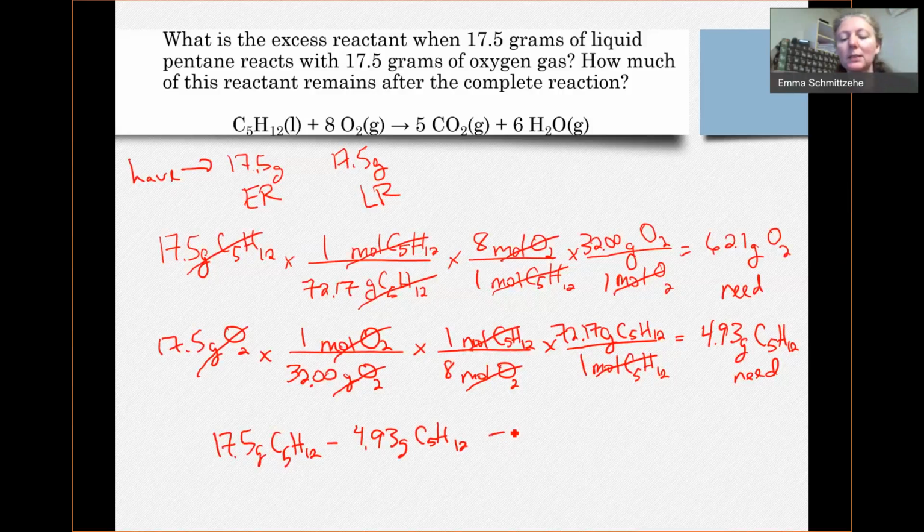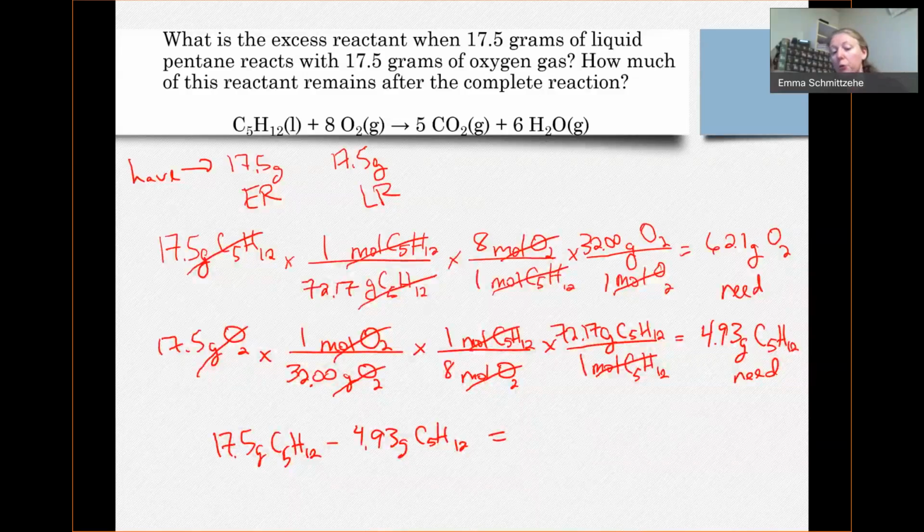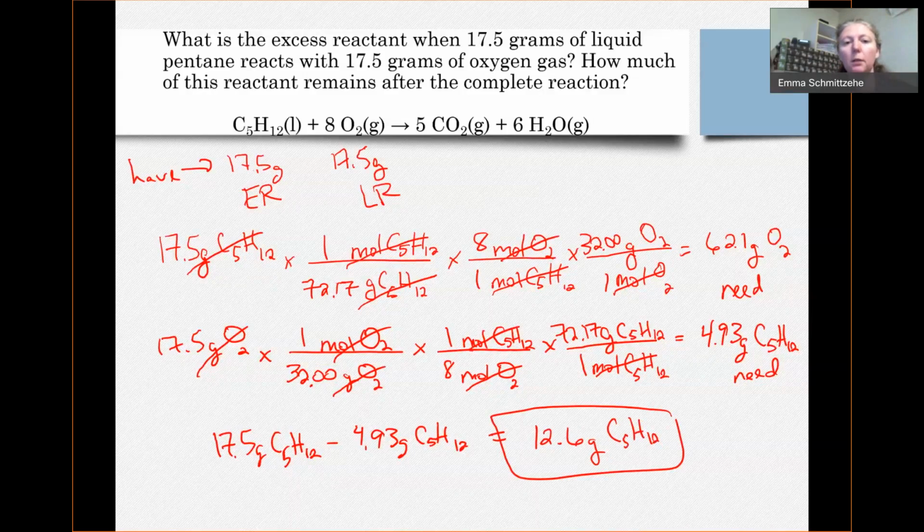And that's going to tell me how much remains at the end. And with my subtraction, I should just end with one decimal place, so 12.6 grams of C5H12 is how much excess I remain with.